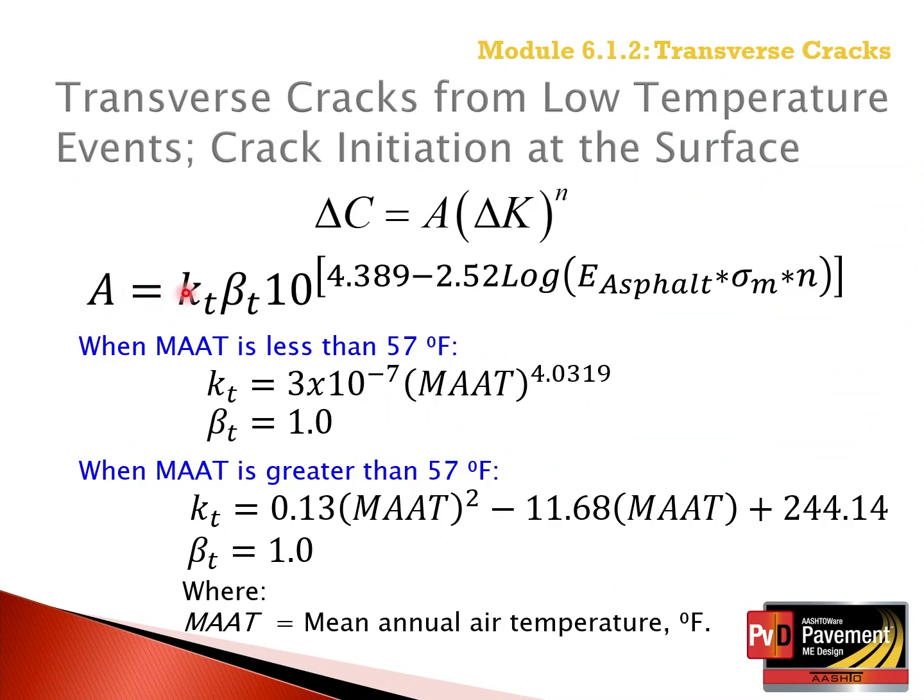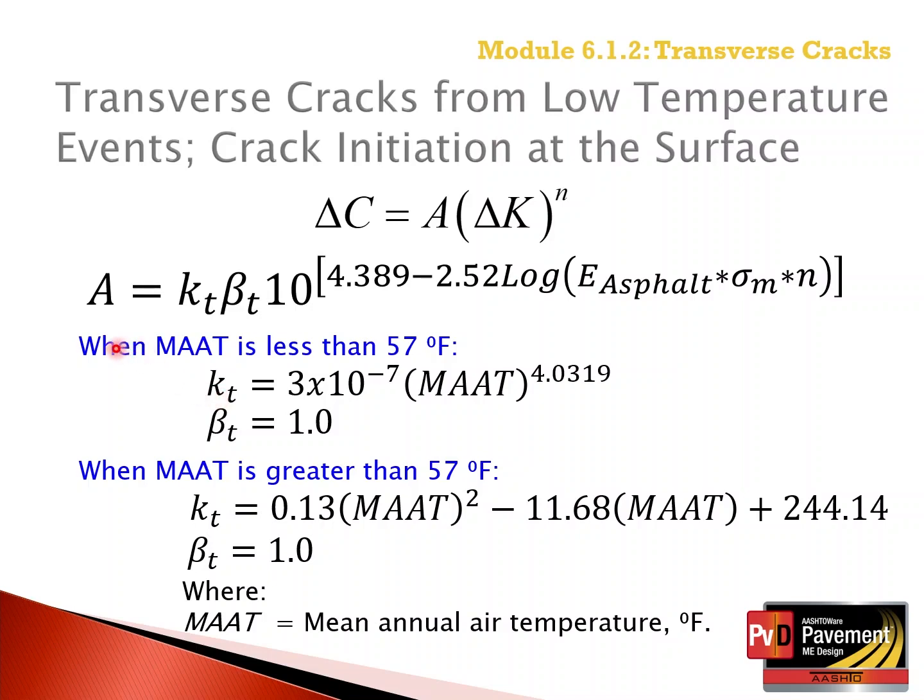The KT variable is the laboratory asphalt mixture calibration factor, which is mean annual air temperature dependent. The reason for the dependency on mean annual air temperature for the KT variable is related to other transverse cracking mechanisms that are excluded from the Pavement ME design software, namely shrinkage and thermal fatigue.